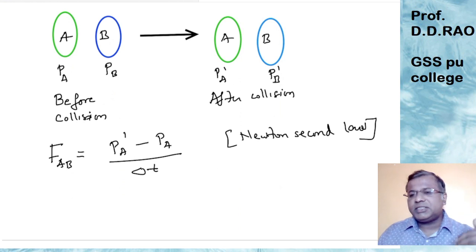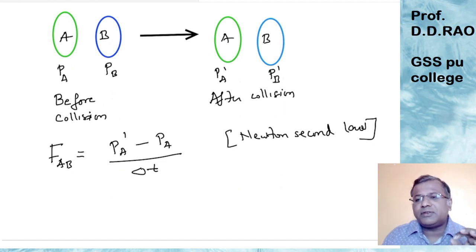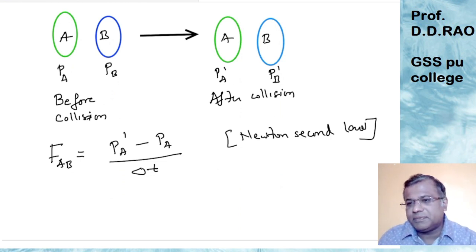So the change in momentum is PA dash minus PA, and the rate of change of momentum is that divided by delta t. Newton's second law basically says that force is equal to rate of change of momentum. So PA dash minus PA divided by delta t is the force.